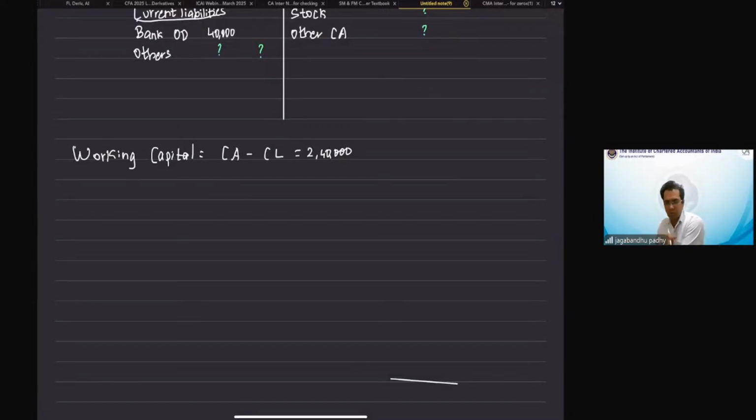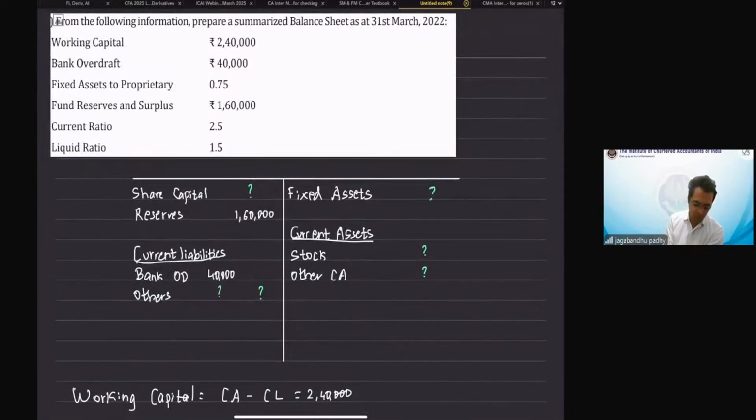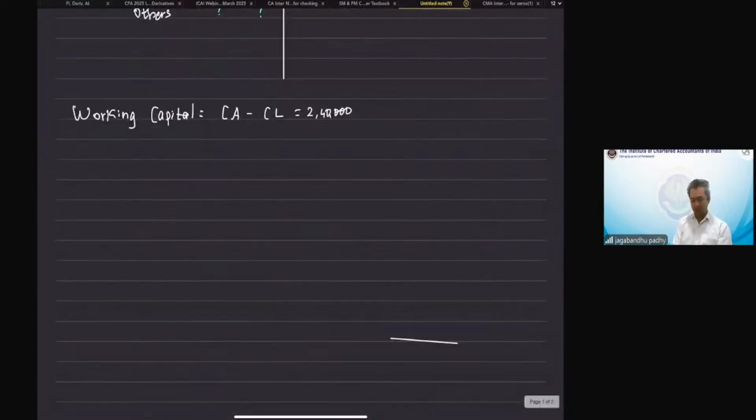Now, whenever we have this sort of questions of balance sheet, what we need to do is, along with an amount, just search for a connecting ratio. Like in working capital, we say it's current asset minus current liabilities, 2,40,000. So try to look for a ratio which is having current asset and current liability. Then we have the current ratio given to us.